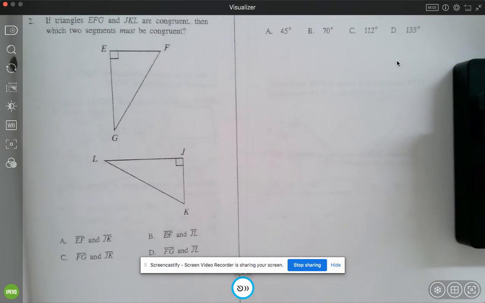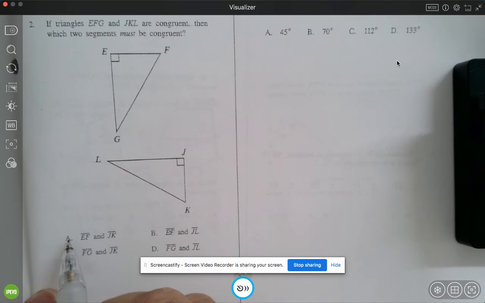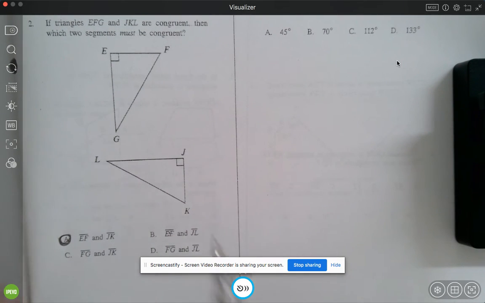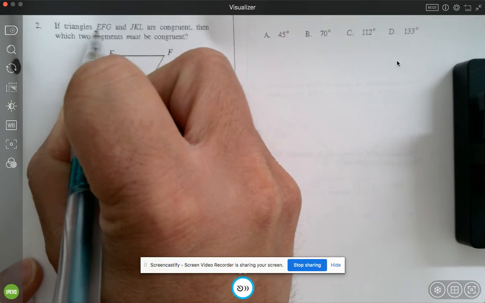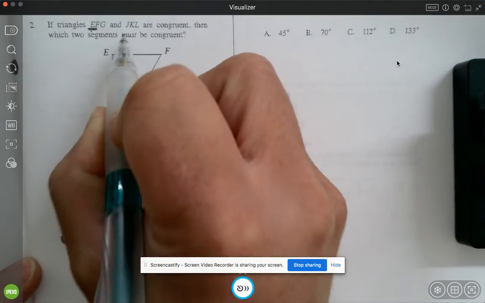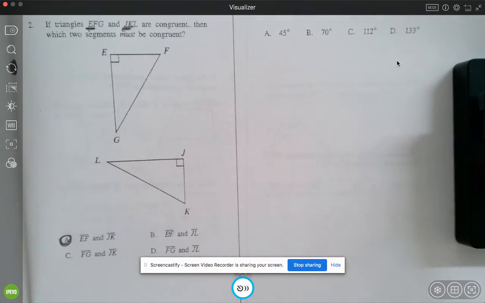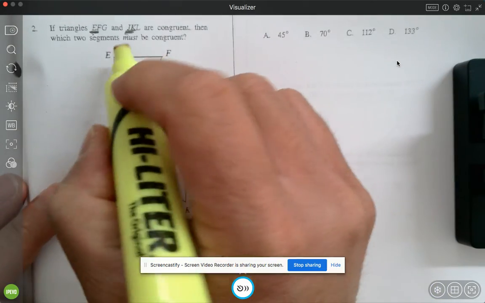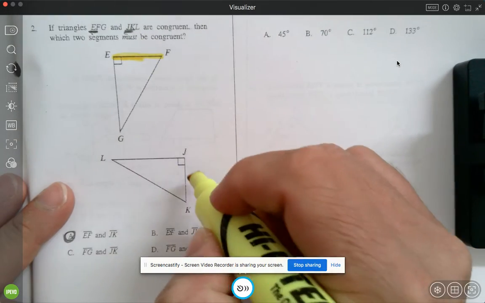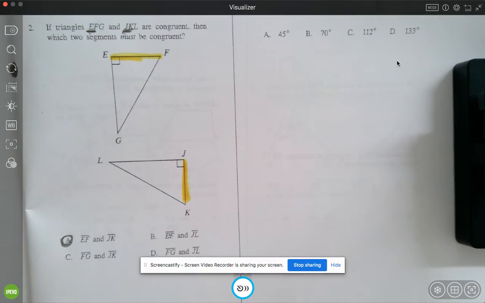Which two must also be congruent? Okay, hopefully you said A. If you look at the order of A, EF and JK are both the first letter. And if you look at the side lengths, EF and JK are the two smaller corresponding side lengths.